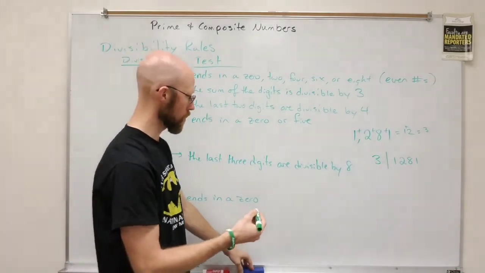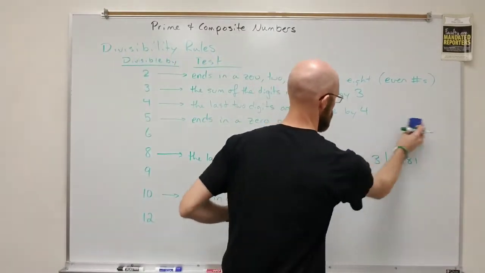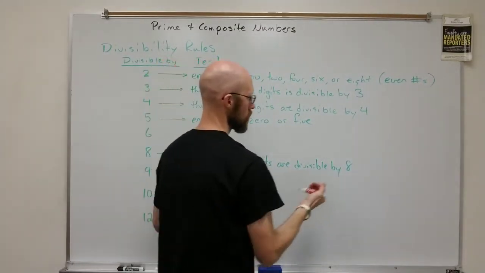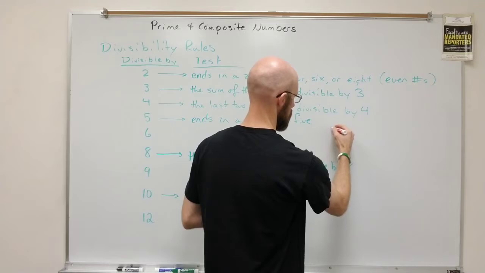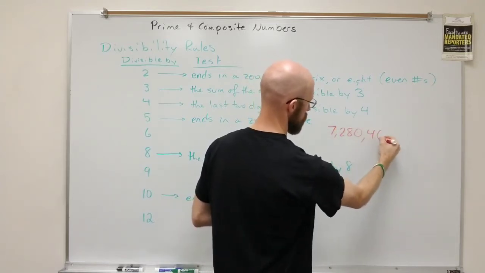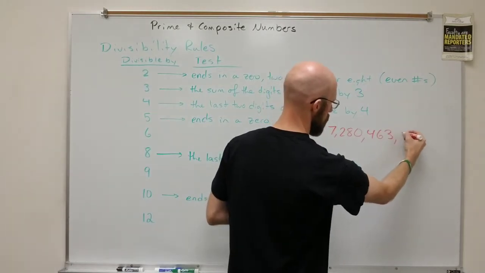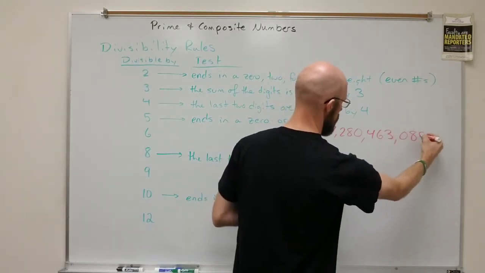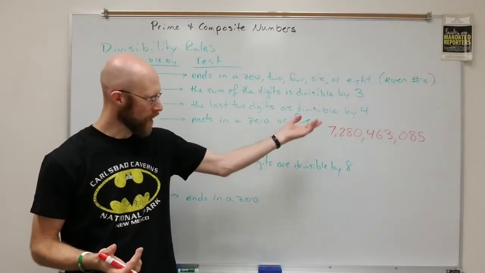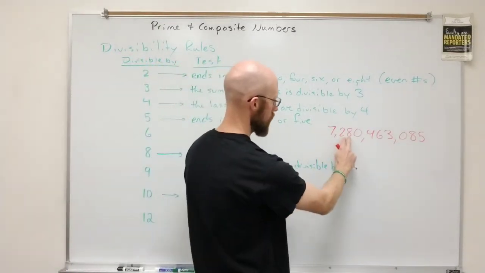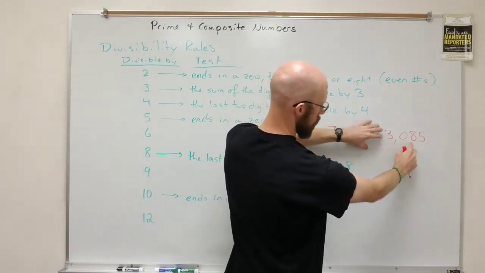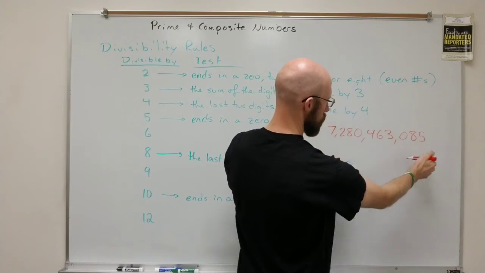And so if I had something really, really big in there, I don't know, 7, 2, 8, 0, 4, 6, 3, 0, 8, 5, something like this. If I add all those up, this is 10, 17, 20, 30, 38, 43.